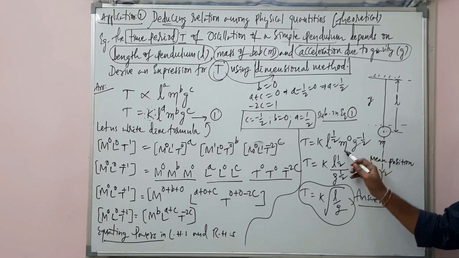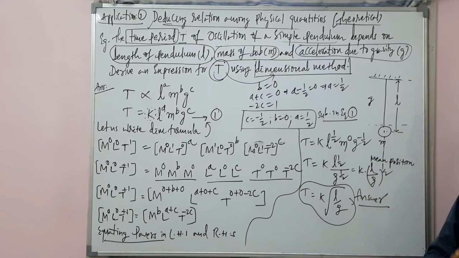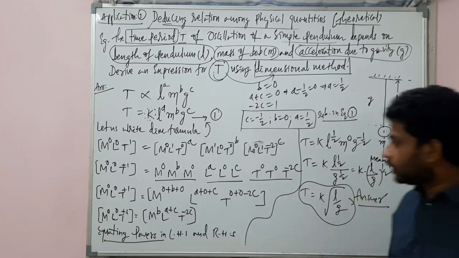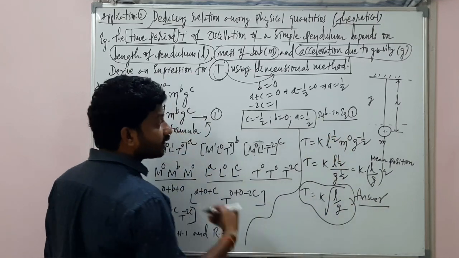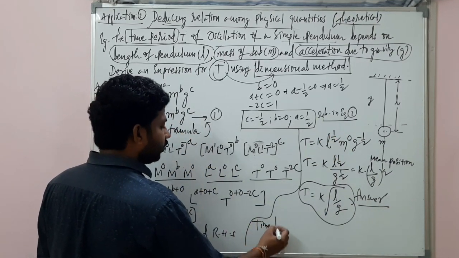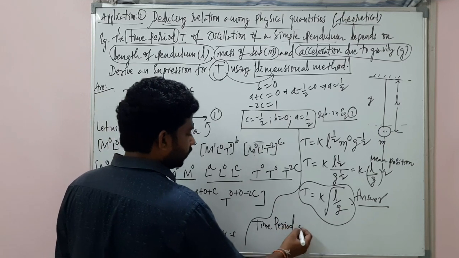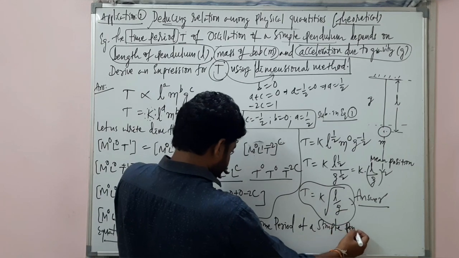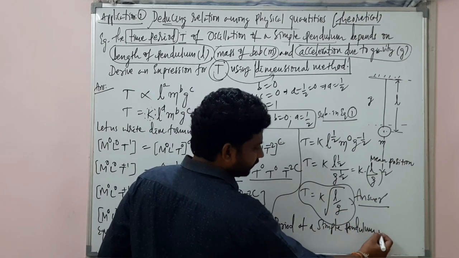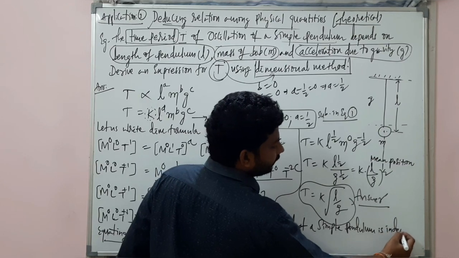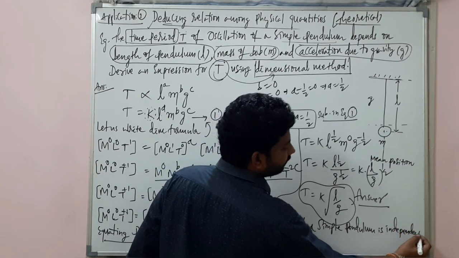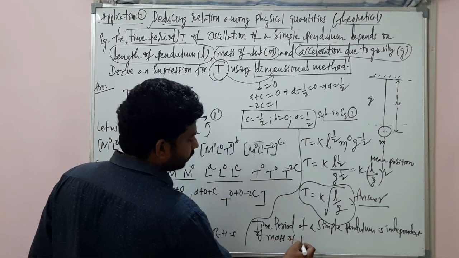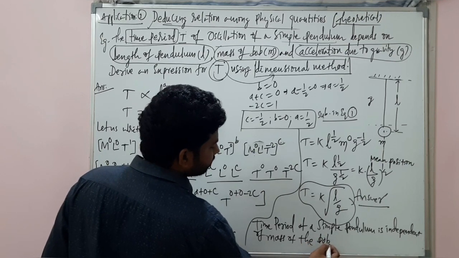As we have got m raised to the 0, that means time period of a simple pendulum is independent of the mass of the bob, right? From this, what we could conclude: time period of a simple pendulum is independent of the mass of the bob.